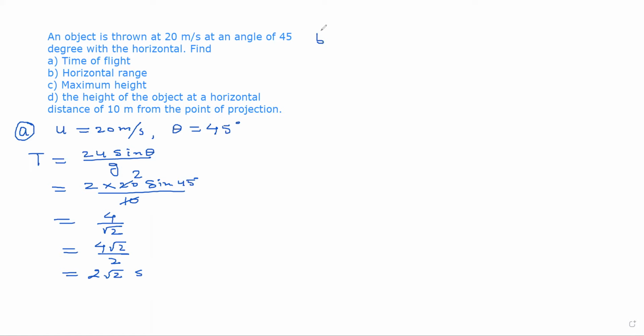Part B. What is the horizontal range? For horizontal range, we have the formula range is equal to U square sine 2 theta over G. So we have U square is equal to 20 whole square, sine 2 theta is, as theta is 45 degrees, sine 2 theta is sine 90 degree, over G is 10.